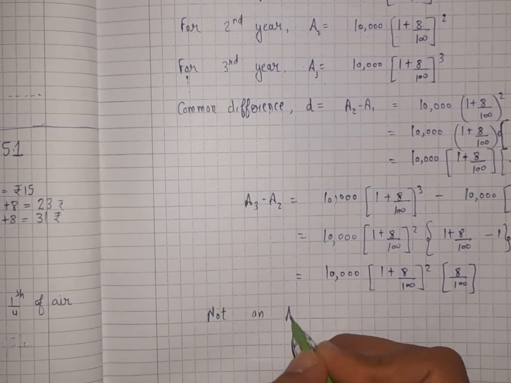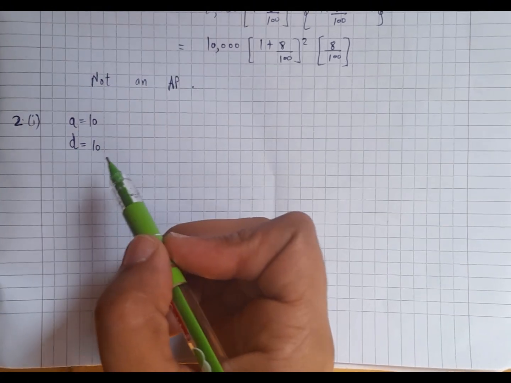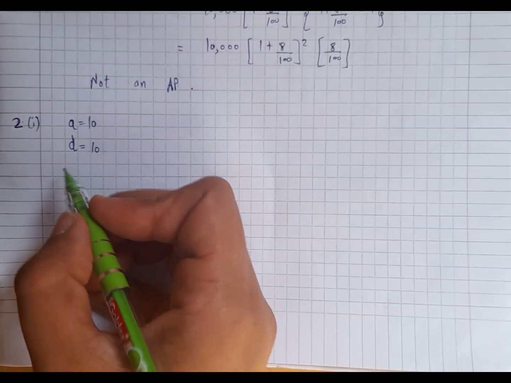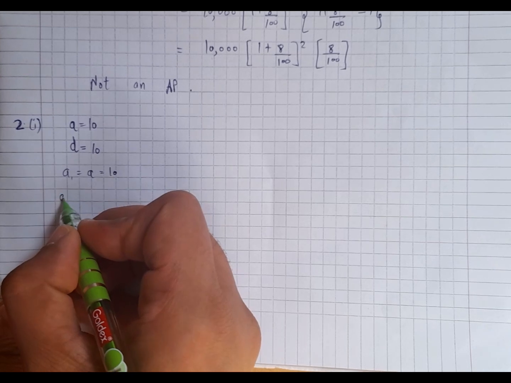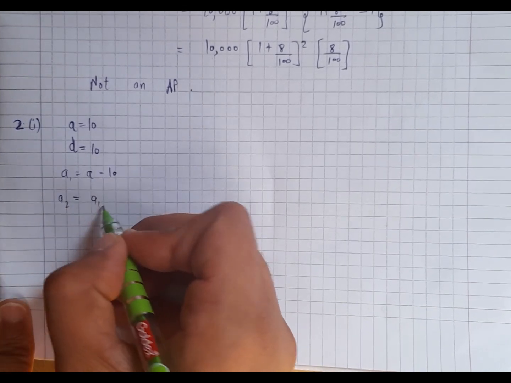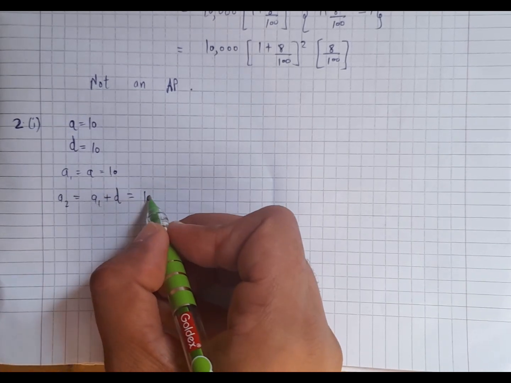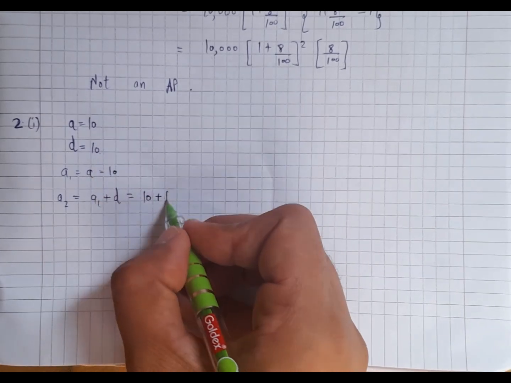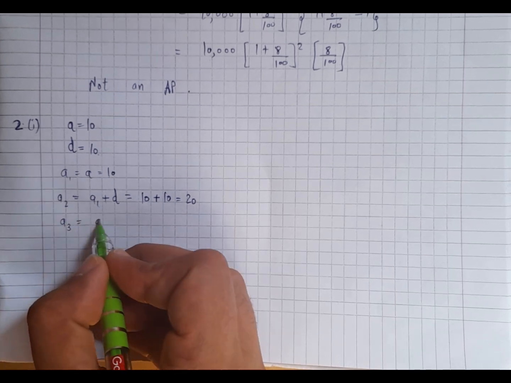Not an AP. Second question, write the first four terms of the AP when the first term A and the common difference D are given as follows. First part, A equals 10, D equals 10. So the first term A1 equals A, that is 10. The second term is obtained by adding the difference D to the first term. So A1 equals 10 and D equals 10, so 10 plus 10 equals 20. The third term is obtained by adding the difference D to the second term.